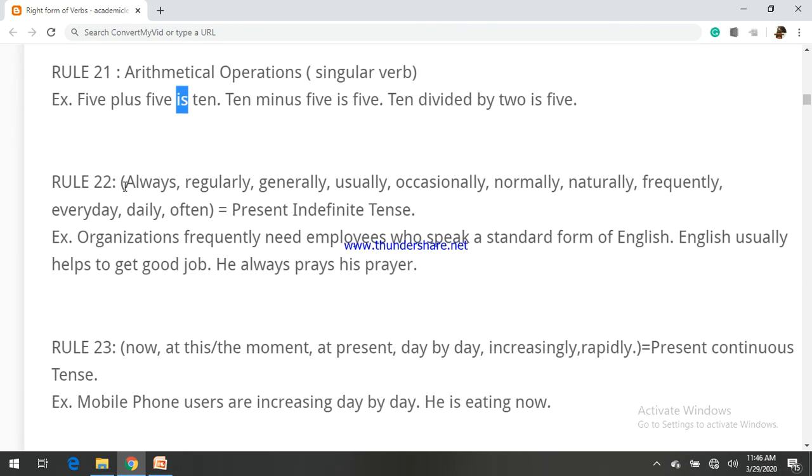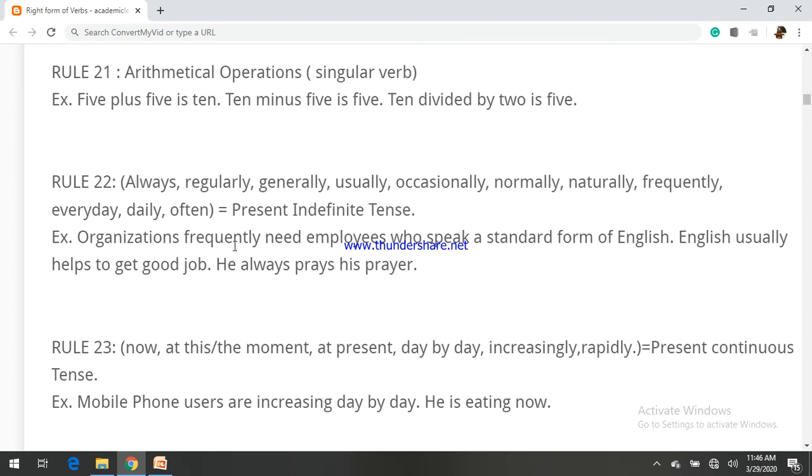Here inside the bracket: always, regularly, generally, usually, occasionally, normally, naturally, frequently, everyday, daily, or often is equal to present indefinite tense. That means if there is always, regularly, or generally inside the sentence, then the structure of the sentence should be present indefinite.